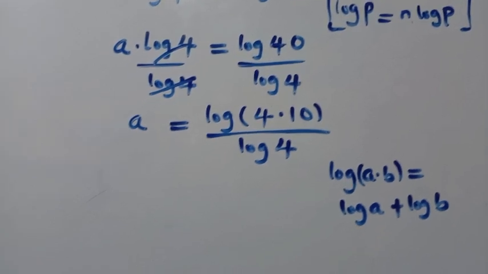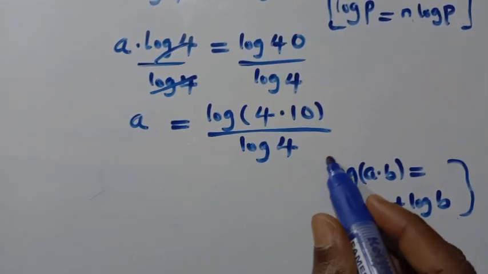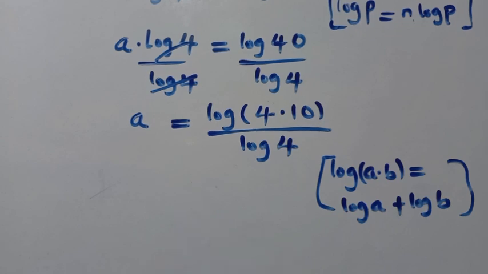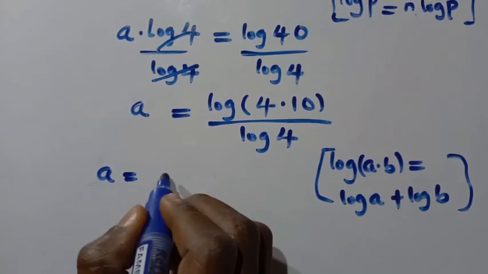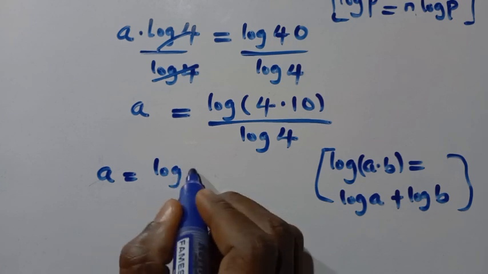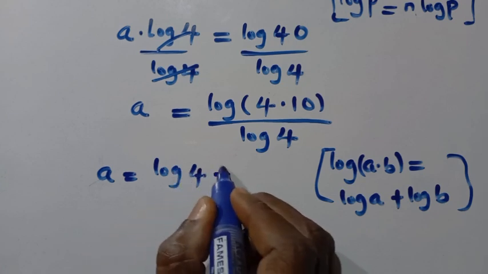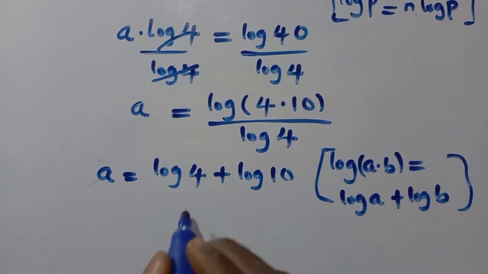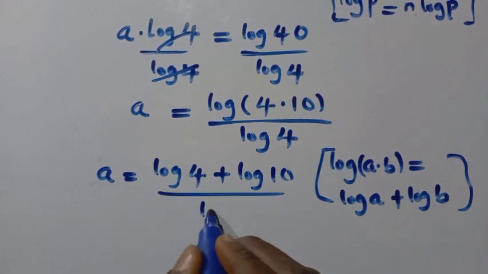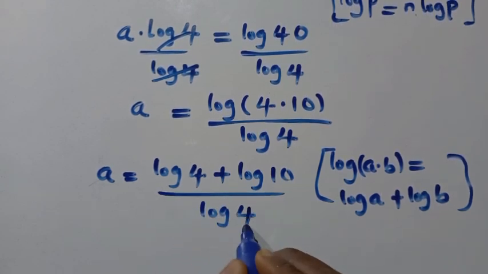So therefore we try to apply this in this step. Here we have a equals log 4 plus log 10 divided by log 4.